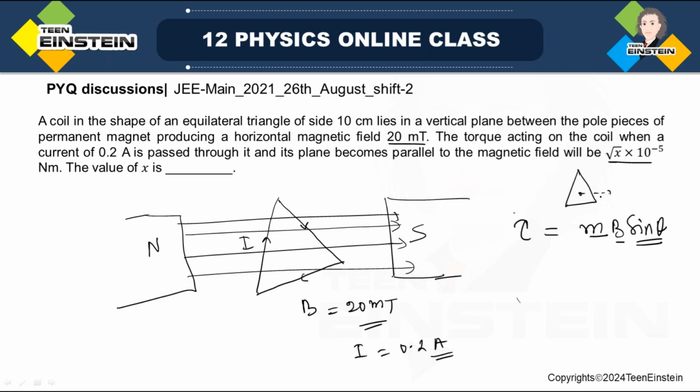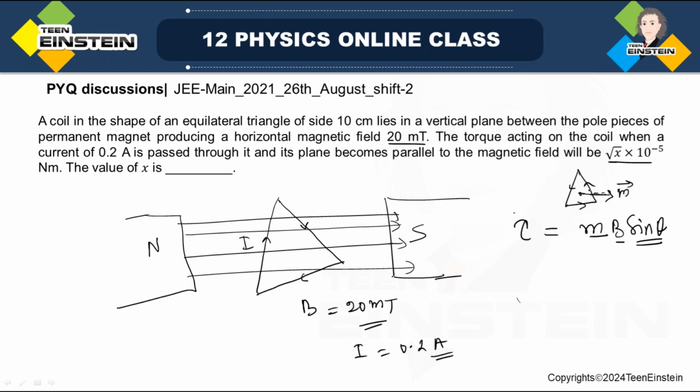That is what I was saying, that the direction of m will be, if the current is flowing in this direction, then it will be coming out perpendicular to the plane of this triangle.